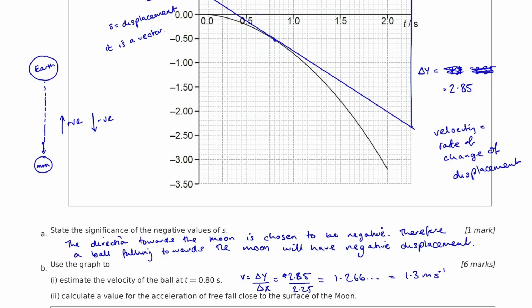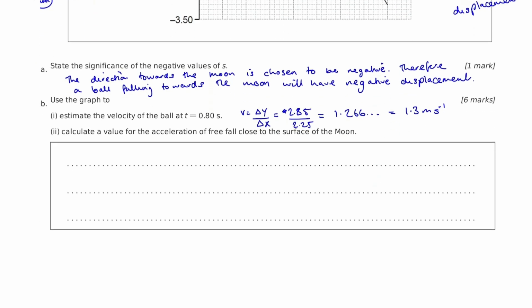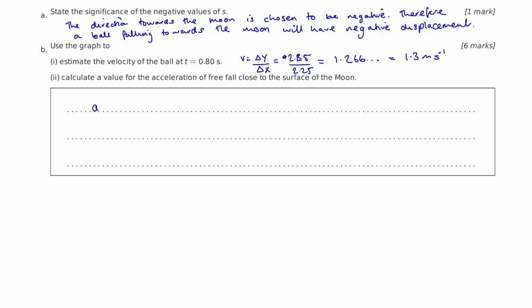The second question of 6b says calculate a value for the acceleration of freefall close to the surface of the moon. So acceleration is v minus u over t. Let's just say we've got t is equal to 0.8 seconds. v is equal to 1.3 at that stage, we just worked that out. u is equal to 0 because it's dropped from rest.